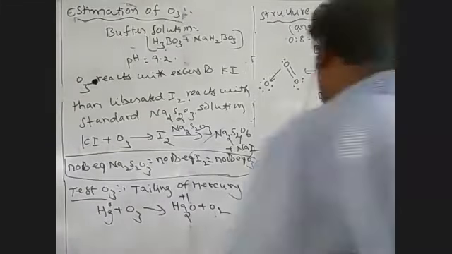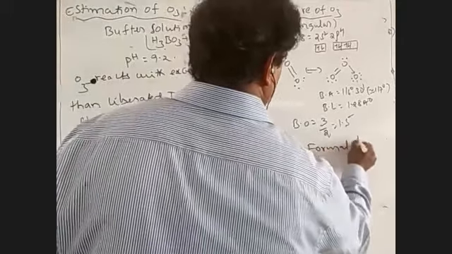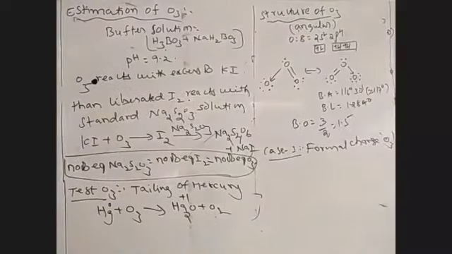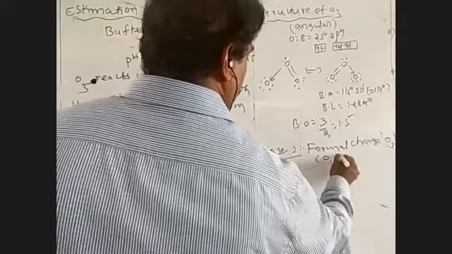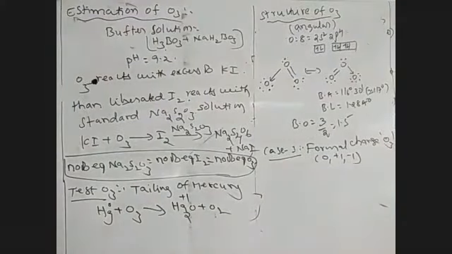The formal charge of O3. In O3, among the 3 oxygens, one oxygen has 0, another has +1, and another has -1 formal charge.